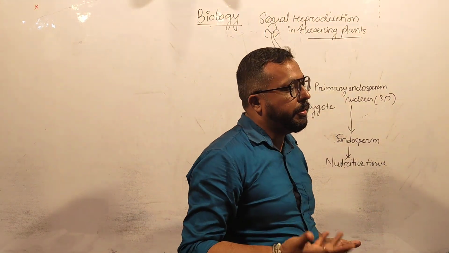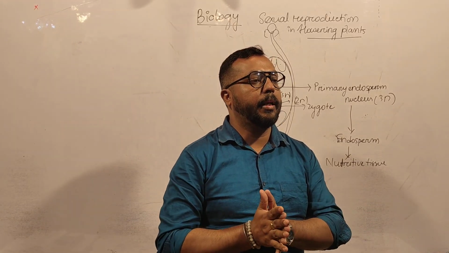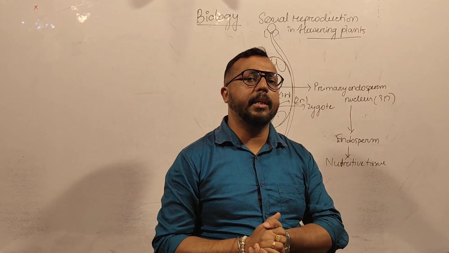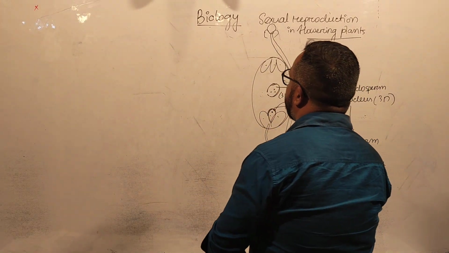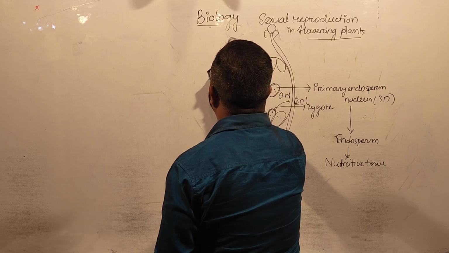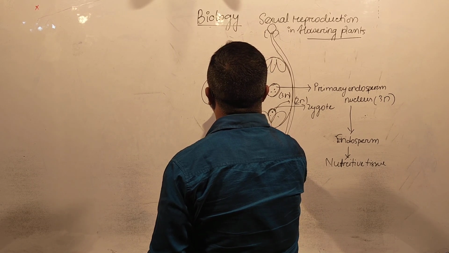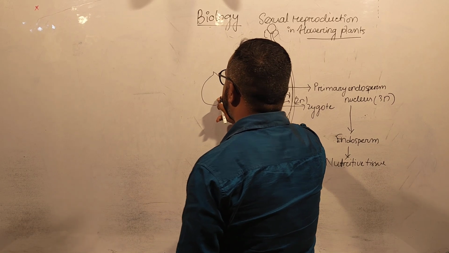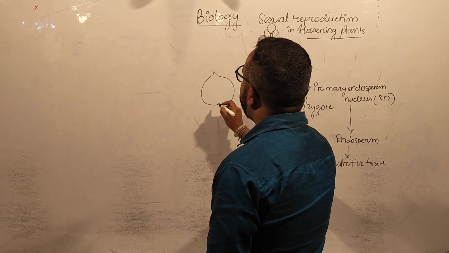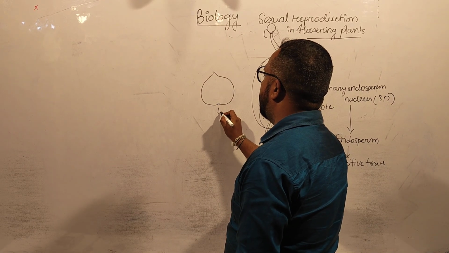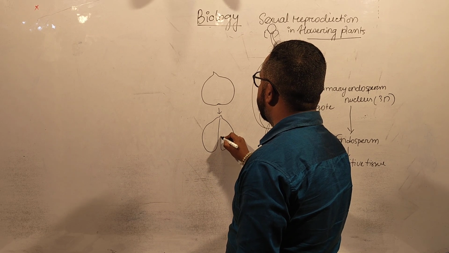So you see there is production of seed, and seed can be of two types, monocotyledonous seed and dicotyledonous seed. What is a monocotyledonous seed? Take the example of a gram, chana. If you remove the outer cover, then the chana looks somehow like this.